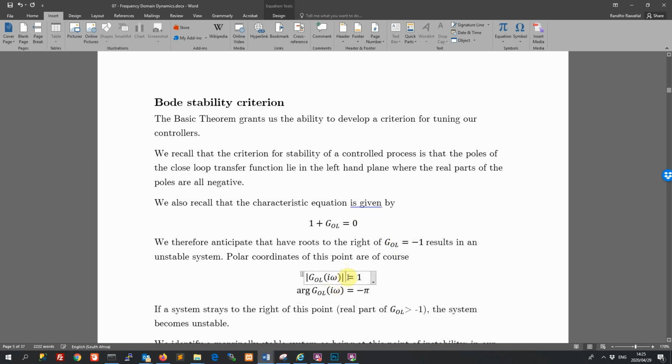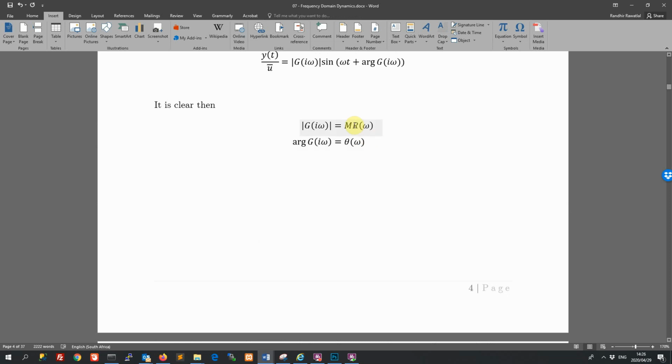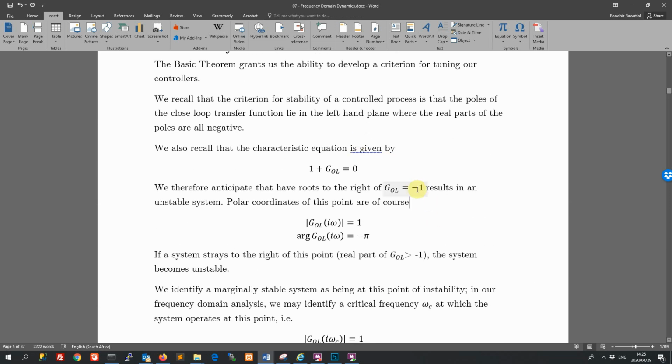So we have now this basic theorem which tells us that the magnitude ratio is equal to the magnitude of g at I omega. We are concerned about this point -1. In fact, we could write this a little more generally as -1 as the real part and 0 times the imaginary part.